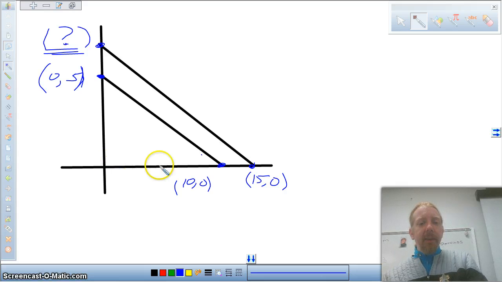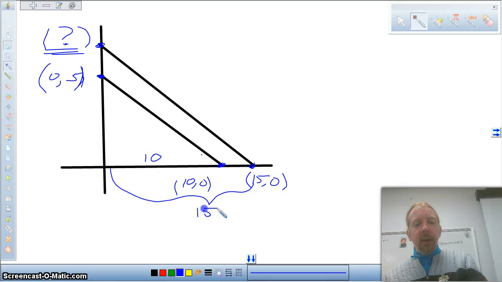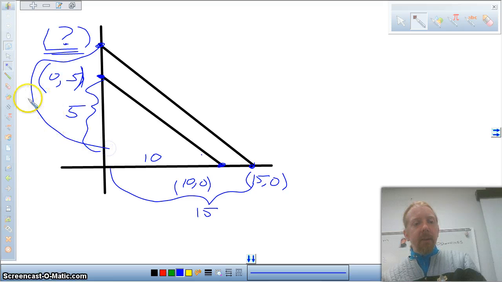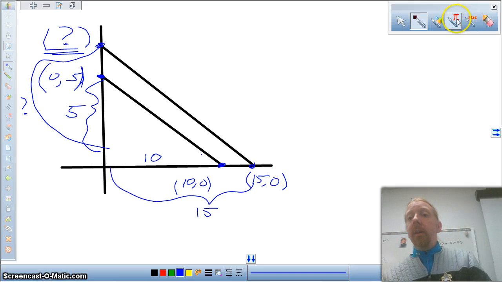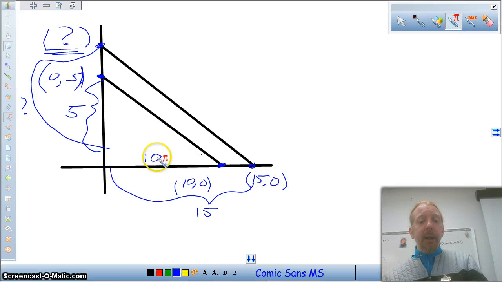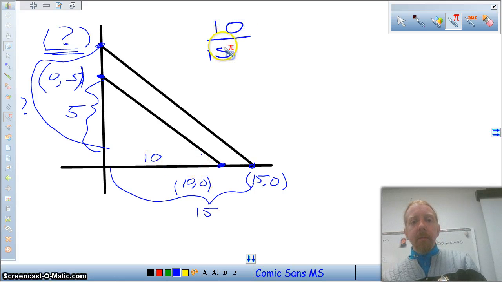So if you think about it, this distance here is 10 units. This distance is 15. This distance is 5. And this distance is the one I'm trying to come up with. So I can write a proportion that uses that. My proportion then is going to be 10 is to 15 as 5 is to x.